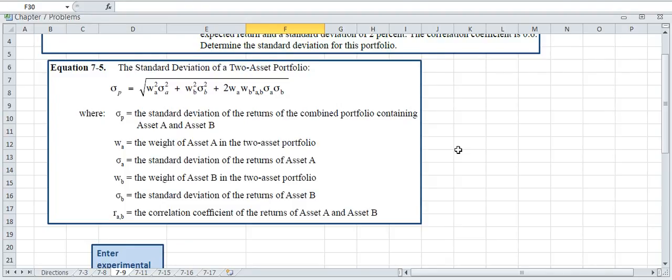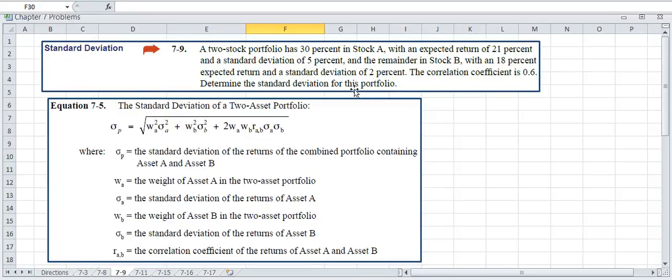the correlation coefficient. I think you know what the weights are and the standard deviation of the returns. When we think about this, the expected return is 21%. So that's the weighted average.